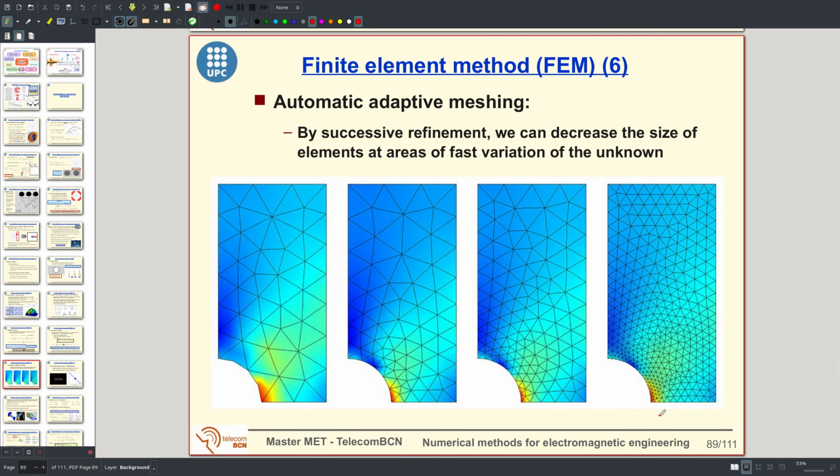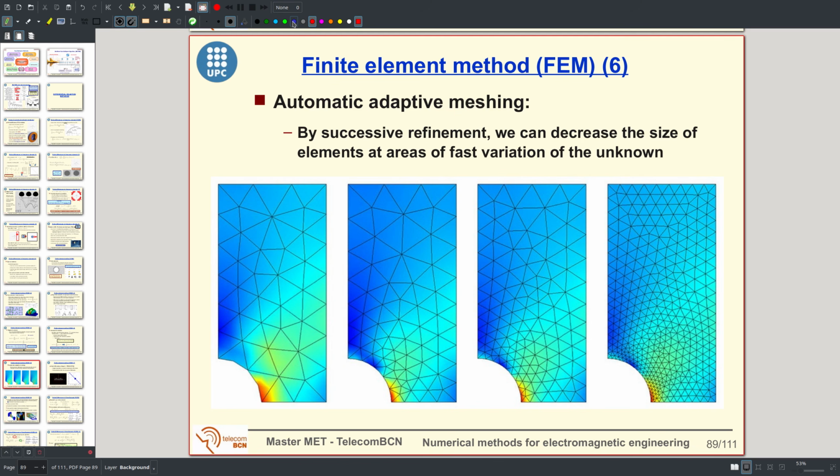And it is also very interesting that in finite element methods we can adapt the size of the mesh to the variation of the function. I introduced this before, but clearly, for example, imagine that this is the potential or whatever. We have some source.